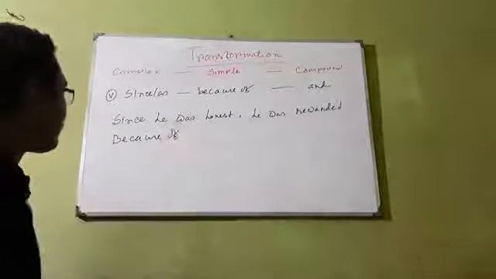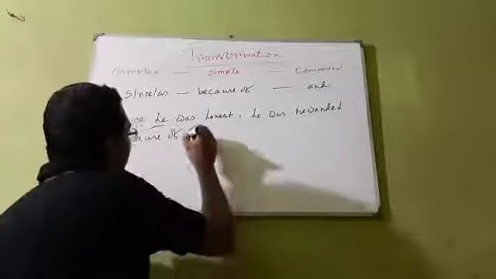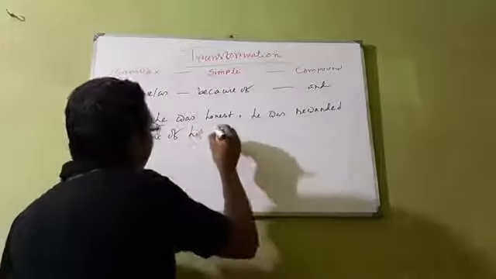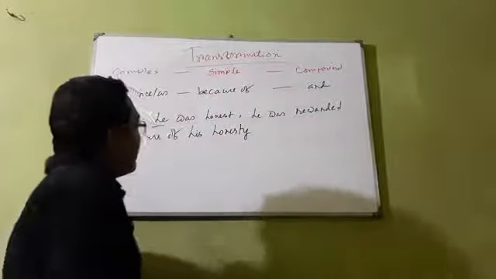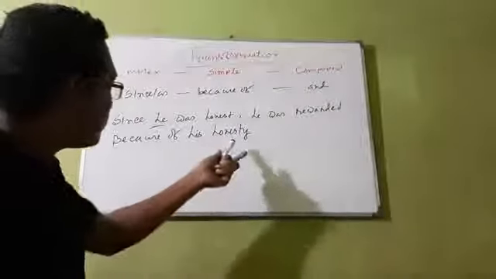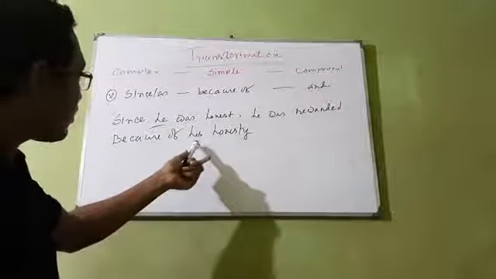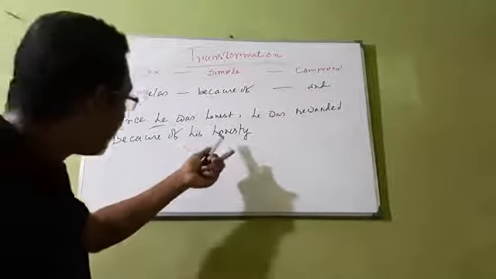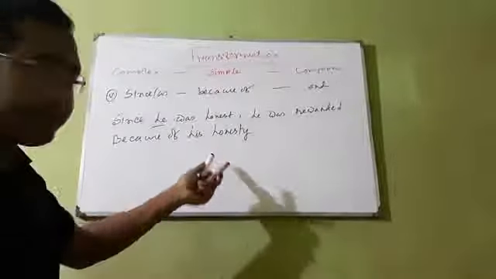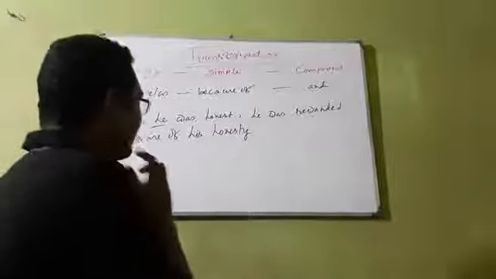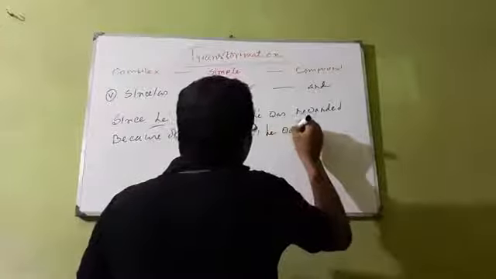Because of. Then we have to make the subject form into possessive form. Because of his honesty. We have turned the adjective into noun form, because according to the rules of modifier we have to use a noun after a possessive form. Okay, because of his honesty he was rewarded.